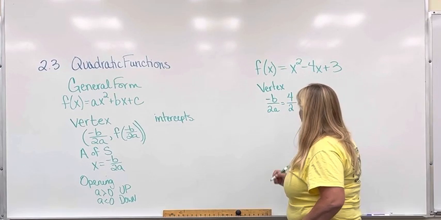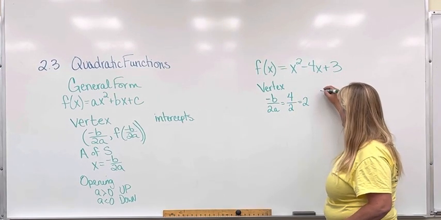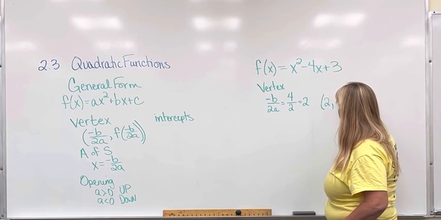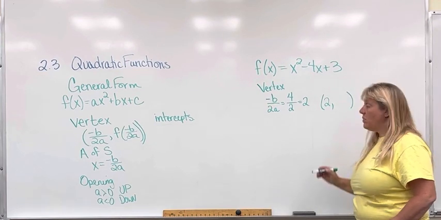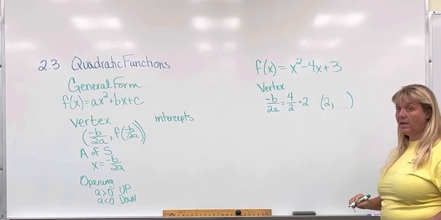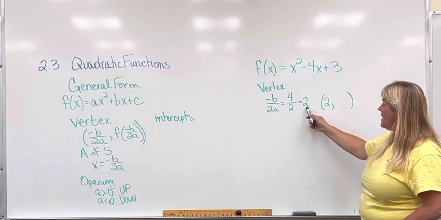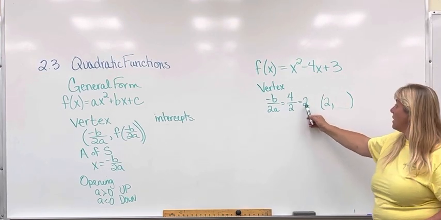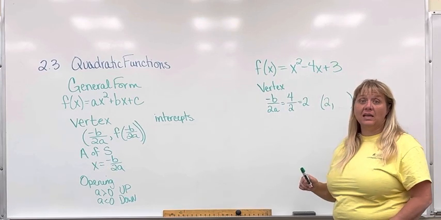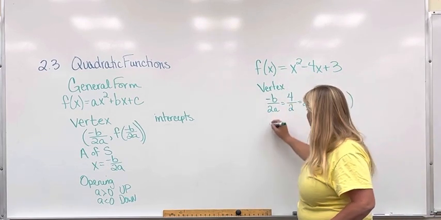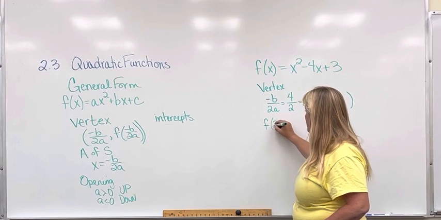So the first coordinate of our vertex is going to be 2. But we also need that second coordinate. The way we find that is by taking whatever we got right here and plugging it back in and solving it out. So we're going to find f of 2.